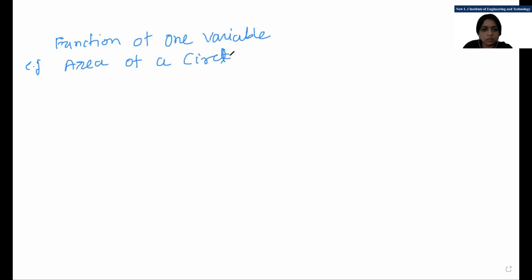Can anyone give me the formula for the area of the circle in the chat box? Yes, very good. Pi r square. Perfect. So the area of the circle is pi r square.